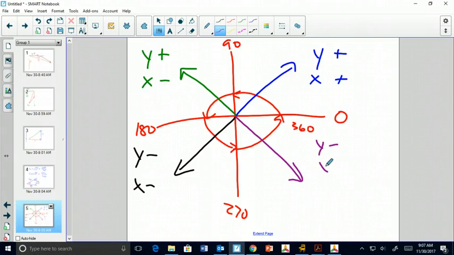Y is negative, but the x is... Does it make sense? And so we could label them accordingly. Again, I think this is all pretty well reviewed for you, yeah? You've heard this stuff before? Good, good. All right. So, look on 127.